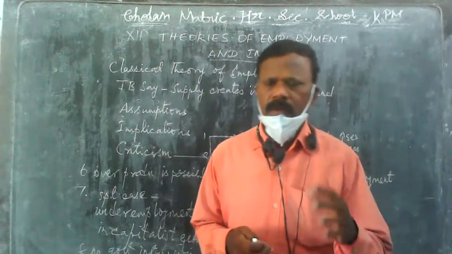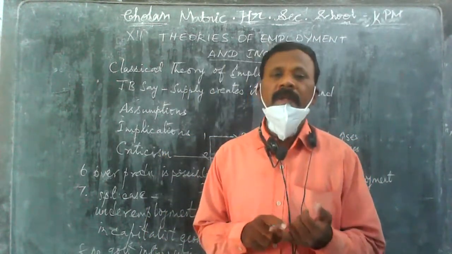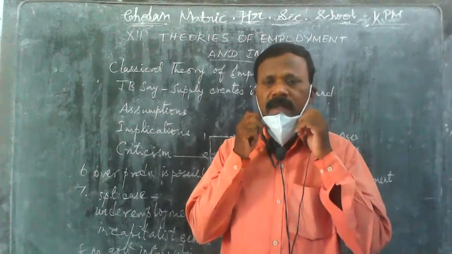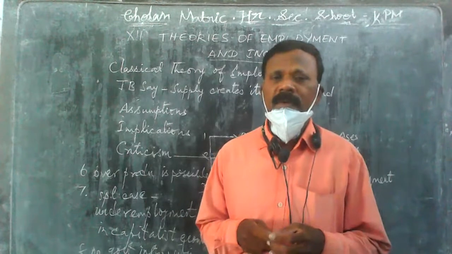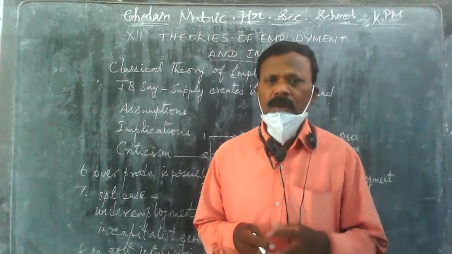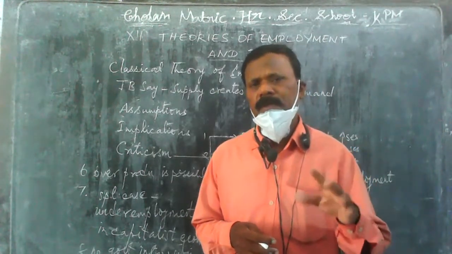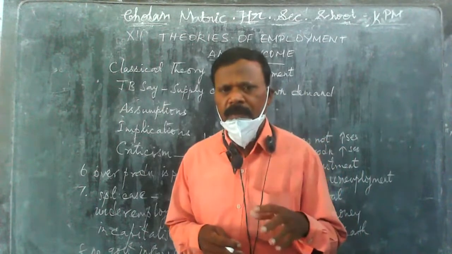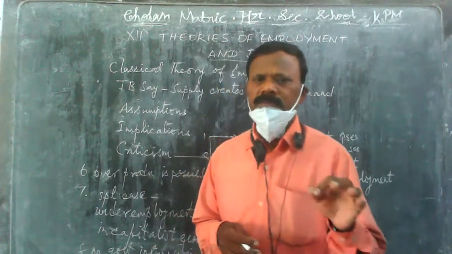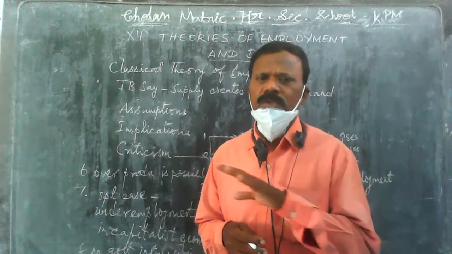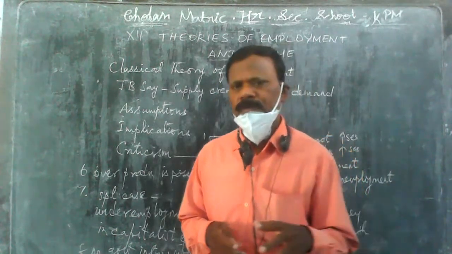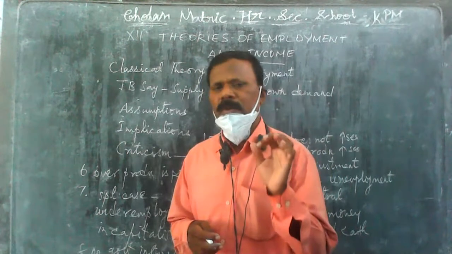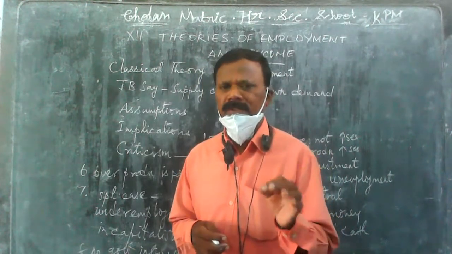You have already understood the meaning of full employment, unemployment, and the concept of underemployment. All these are very important concepts that you must keep in your mind. Once you understood, no chance of erasing the meaning of all these concepts. That is why you must be very attentive in this online class.